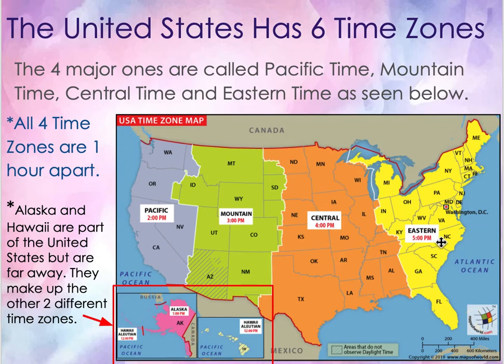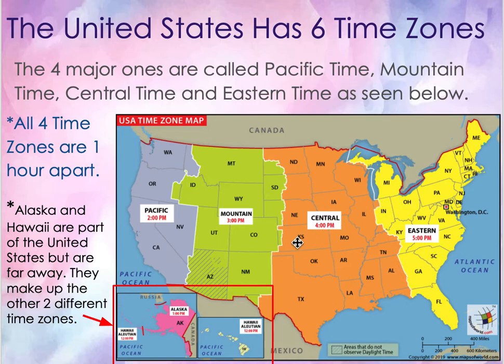Now, you also have to pay attention to whether it's nighttime or the morning. Right here, it's PM. That's super important because that tells you what day it is. What if it was 12 a.m. in New York and you're trying to figure out what time it is in Texas?